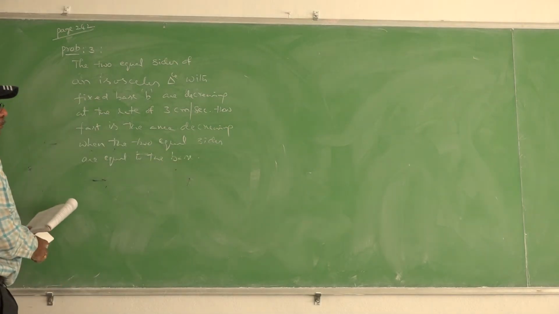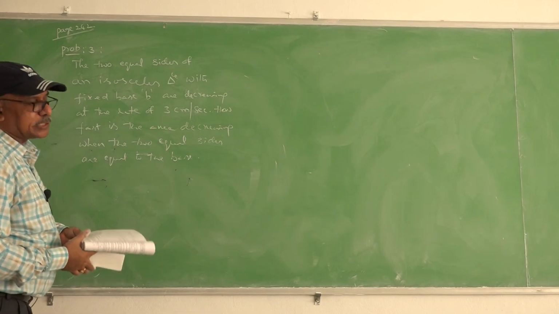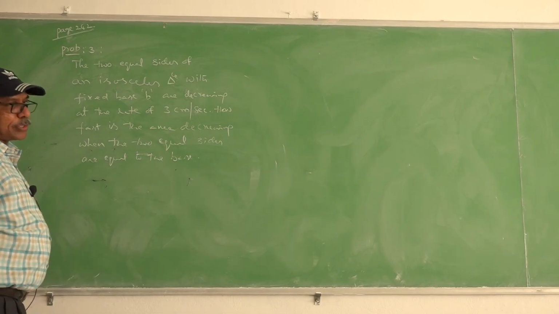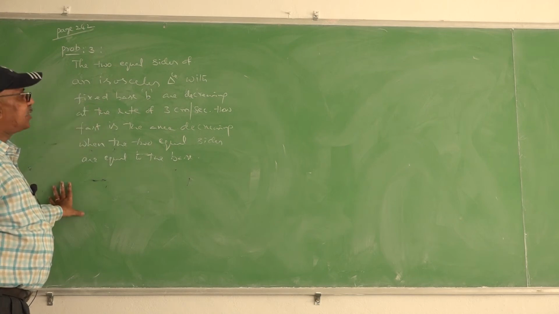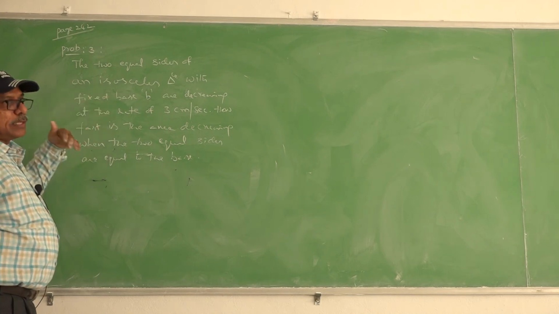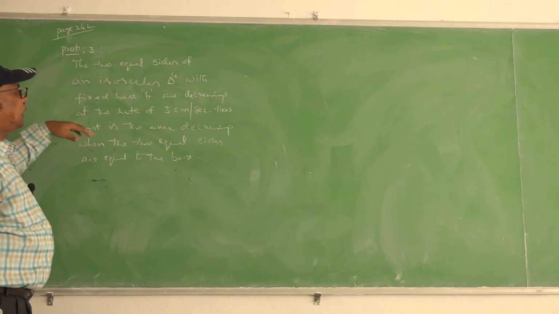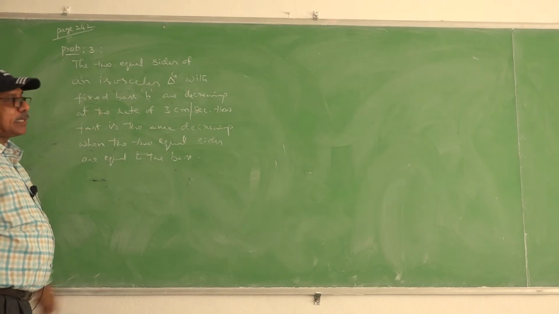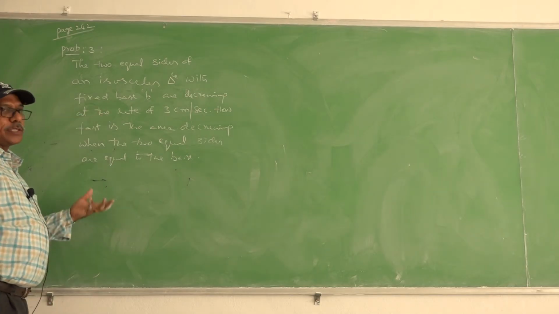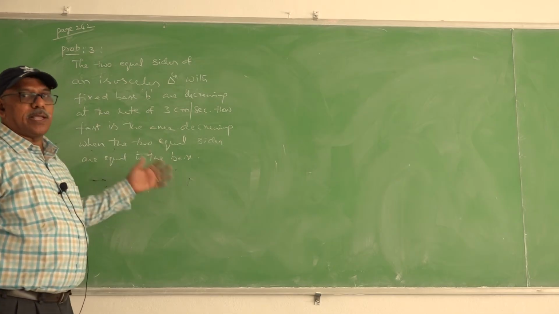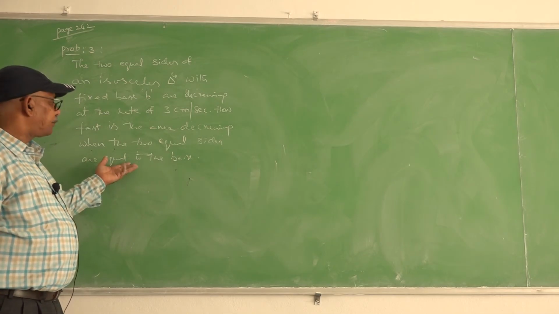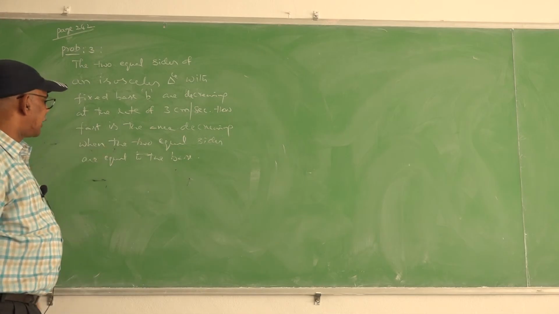This is the question. The two equal sides of an isosceles triangle of fixed base, the base is fixed, the equal sides are decreasing at the rate of 3 centimeters per second. How fast is the area decreasing when the isosceles triangle becomes an equilateral triangle? That is the question here.